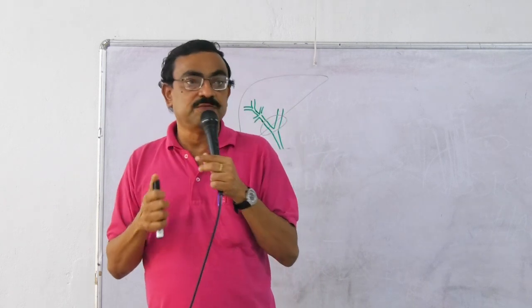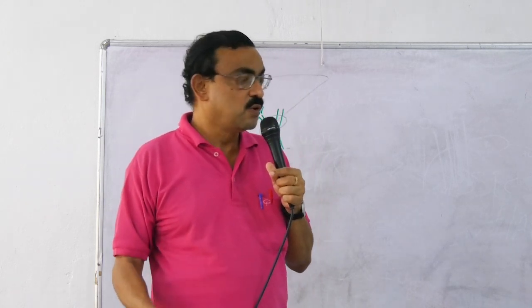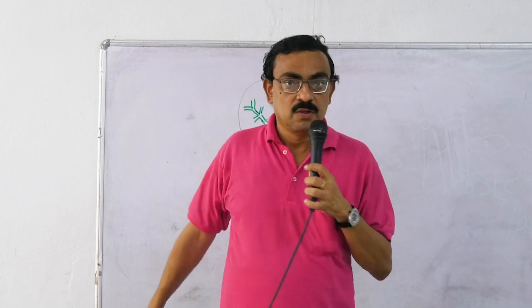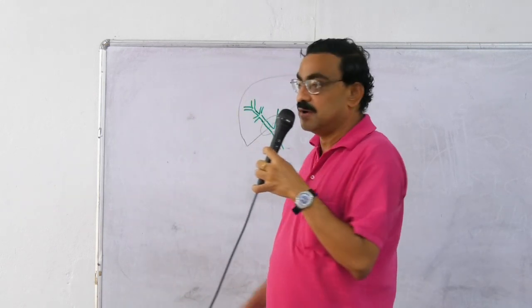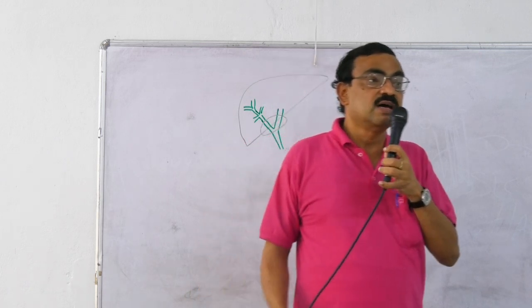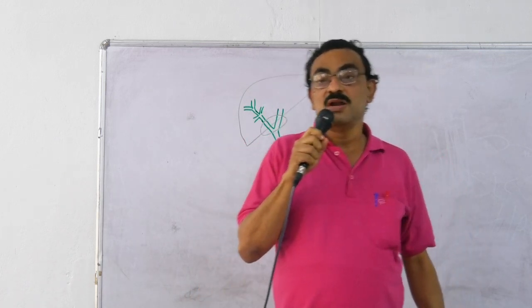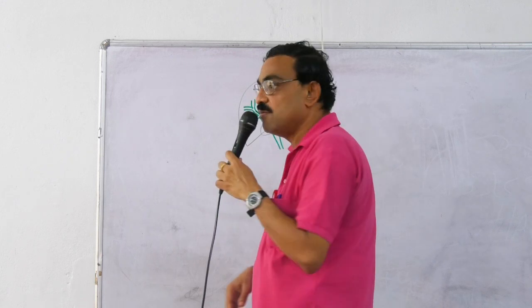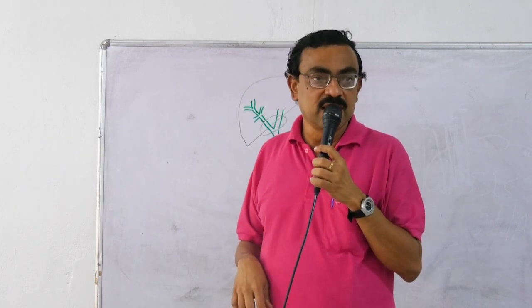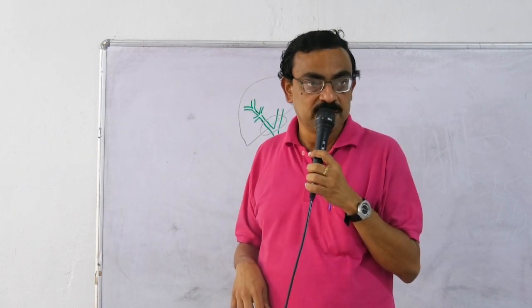Through this area of the liver. This is, we have already seen, the porta hepatis. Okay. And at the porta hepatis we can see right and left hepatic ducts. Okay.